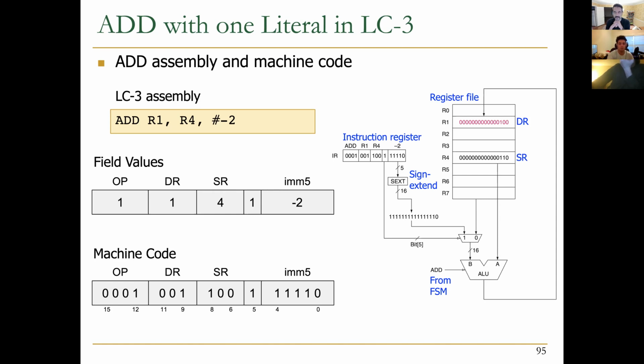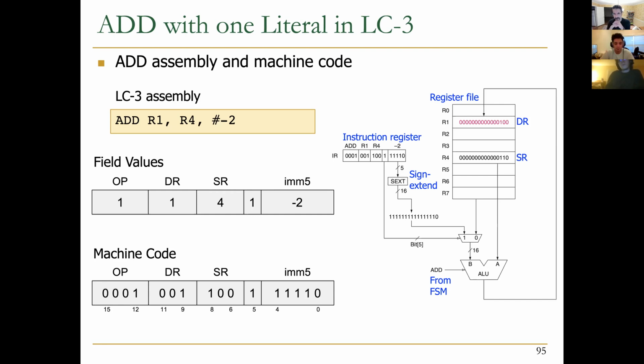So you have 6 there, and you have your destination register R1, so you know where to put the result. So 6 plus -2 means 4. This is where you find the result in the destination register.